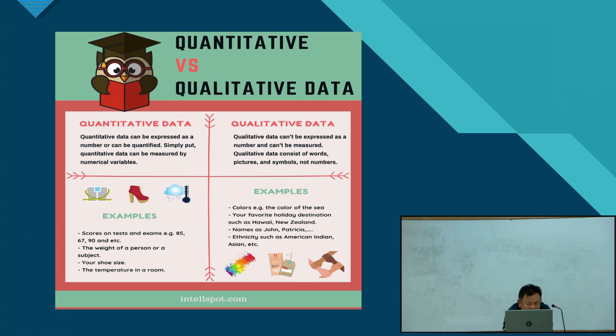Quantitative is scores on a test or exam, for example 85 points, 67, 90 points, etc. The weight or height of a person or children. Shoe size, temperature. These things are quantitative. Qualitative is color, the color of the sea, the color of the sky.